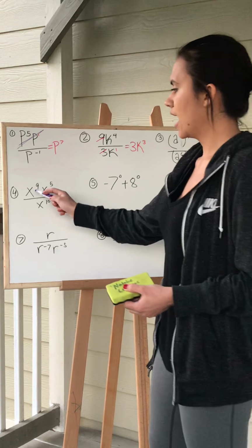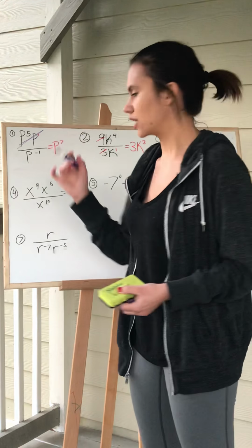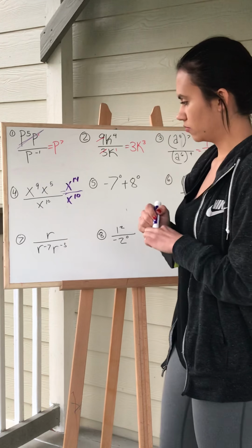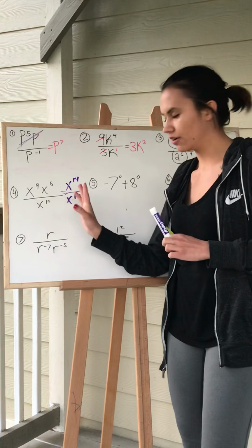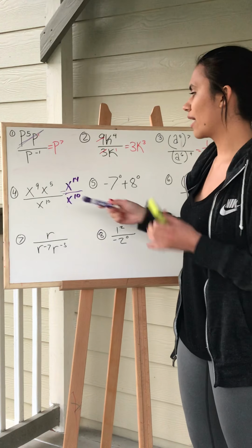So let's combine x to the 9th, x to the 5th, we get x to the 14th. So x to the 14th over x to the 10th. There was nothing to combine or simplify down here, so we just brought it right over. So then we have x to the 14th divided by x to the 10th. What rule do we use? The quotient rule.